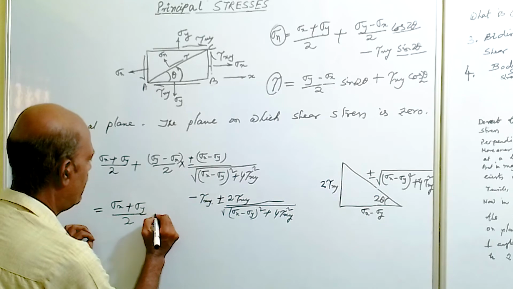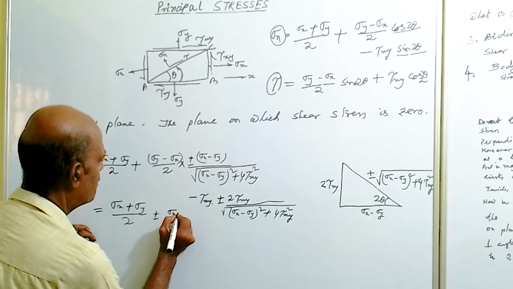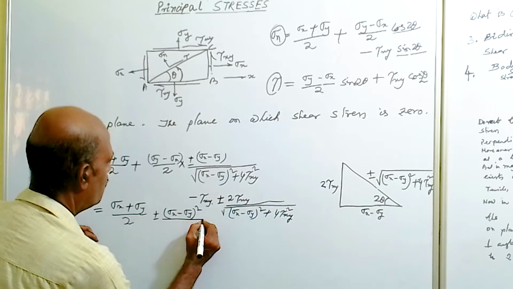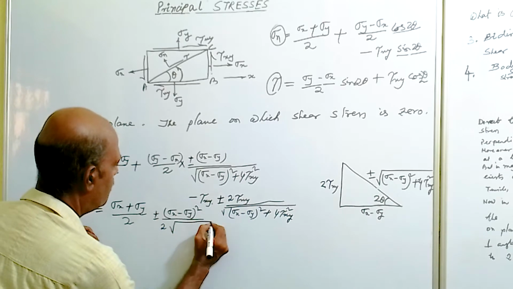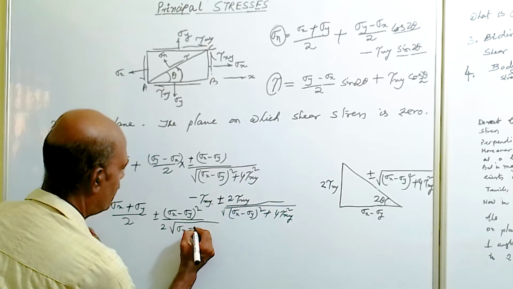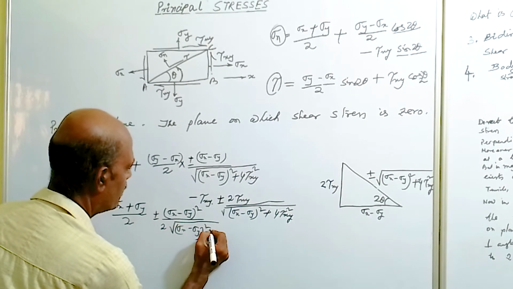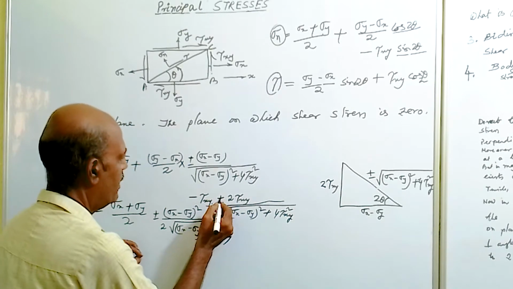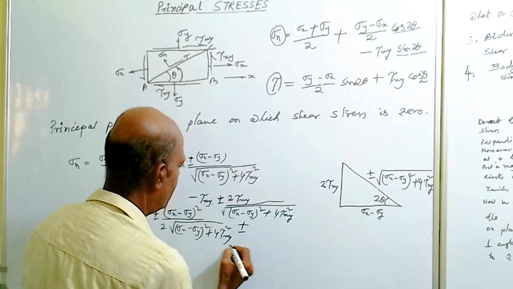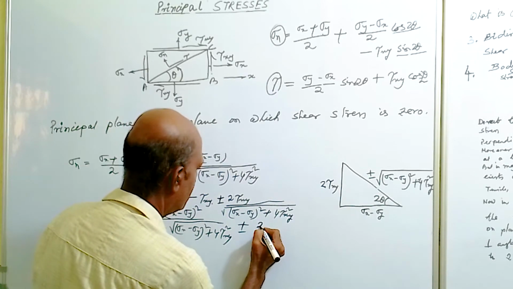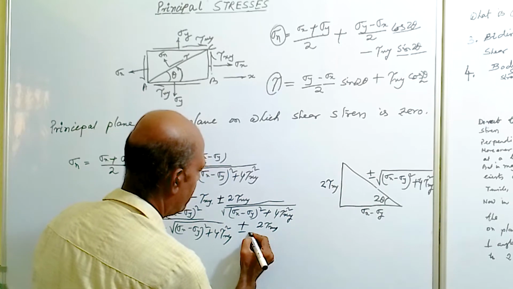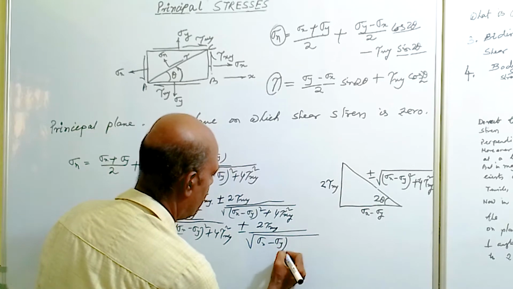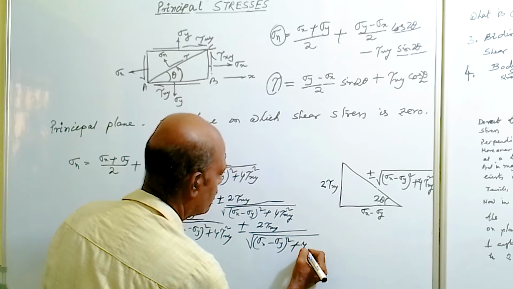So we can write directly here plus minus sigma x minus sigma y whole square by 2 into square root of sigma x minus sigma y whole square plus 4 tau square xy, plus minus into minus, so that will also be plus minus 2 tau xy divided by square root of sigma x minus sigma y whole square plus 4 tau square xy.